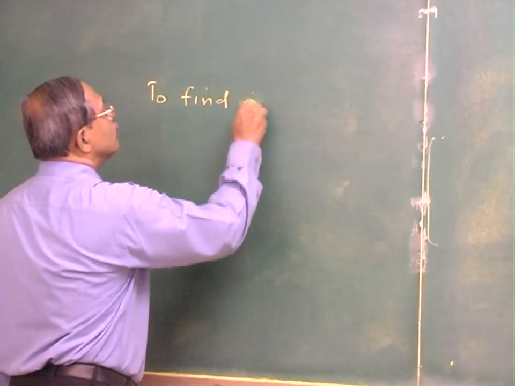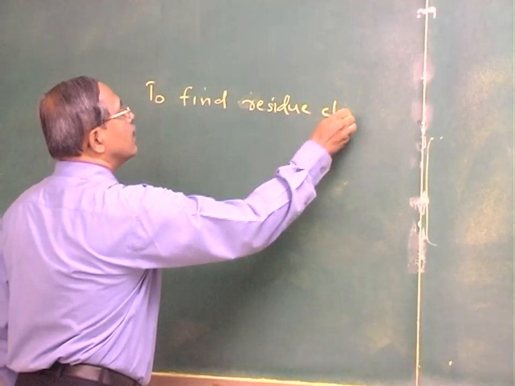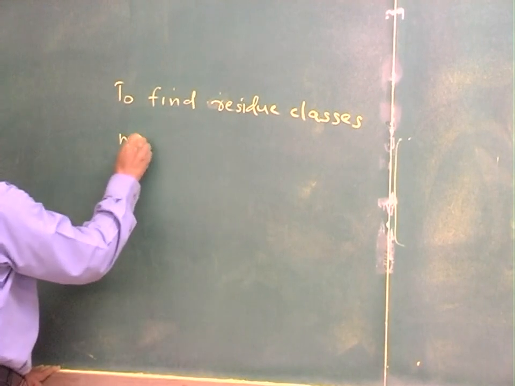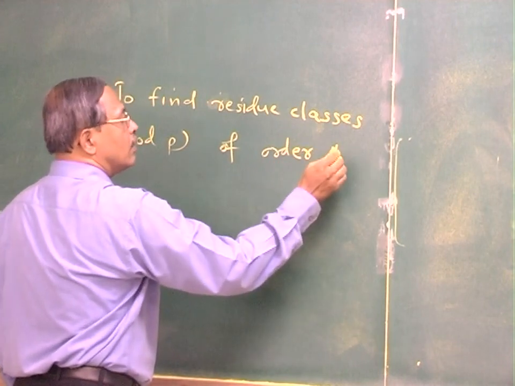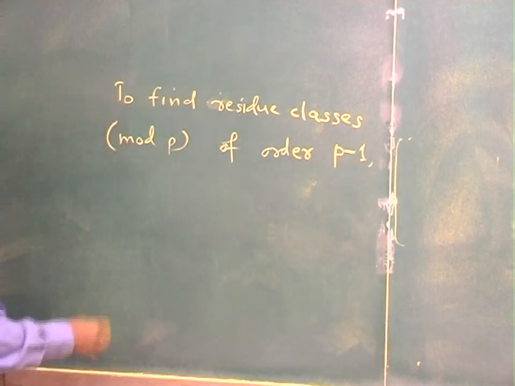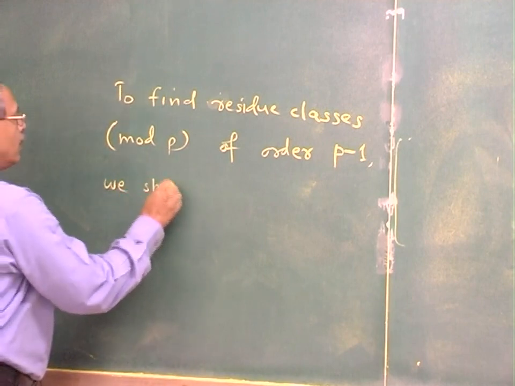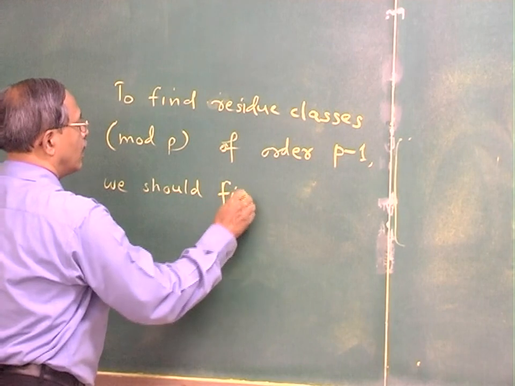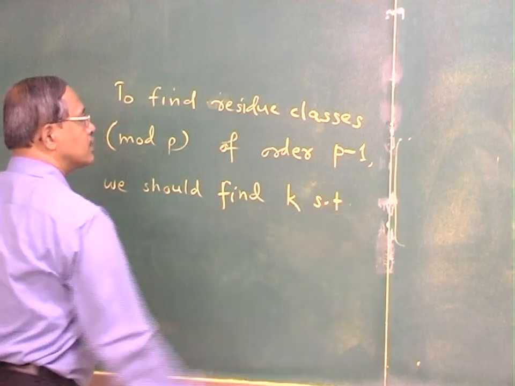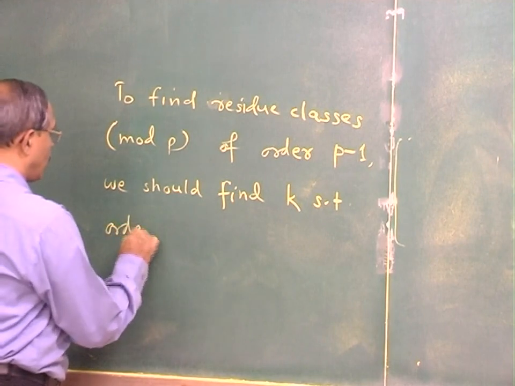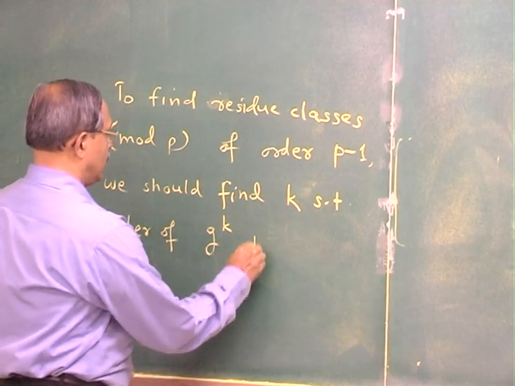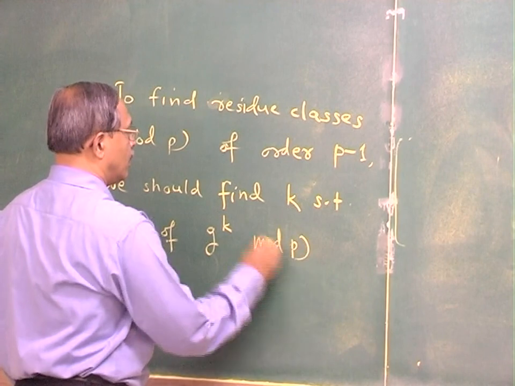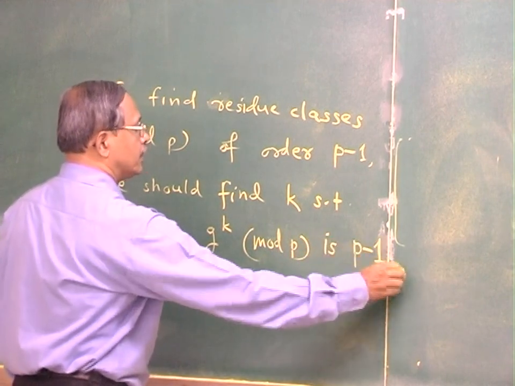To find residue classes mod p of order p minus 1, we should find k such that the order of g raised to k mod p is p minus 1.